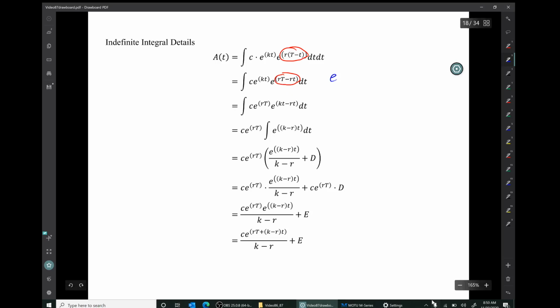Furthermore, this term can be written as e to the r capital T times e to the minus r little t. This term is constant, so it can be pulled out front. The other terms that involve the variable little t are this term and this term. They can be combined into a single term here.